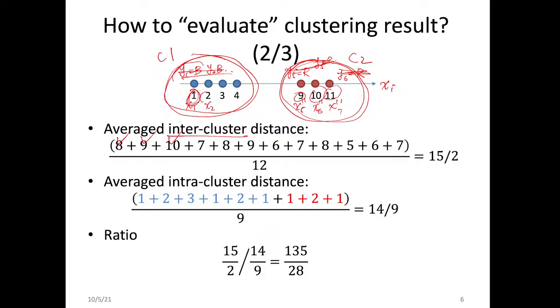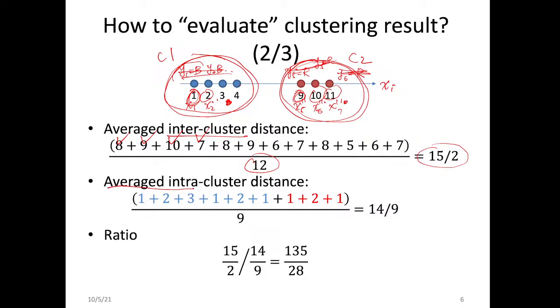Likewise 2 to 9 is 7, and so on. So we have 4 multiplied by 3, which means we should have 12 distance measures here, and we divide by 12. So this is the result. This is the average intercluster distance, which means the average distance from one data point in this cluster to a data point in another cluster.